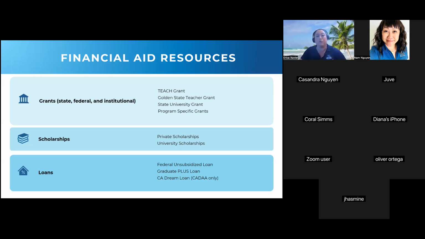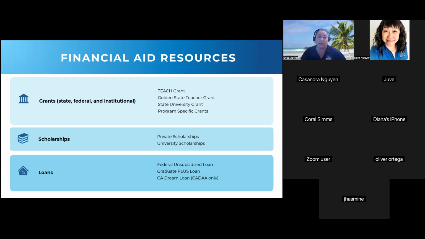Grants are typically designated for undergraduate students, but there are also resources for students in a teaching credential program. And there's the State University Grant for students who are stateside and not going through an EL program. There are also different specific grants through different programs. For example, the MBA program has a grant that's specific to their program.